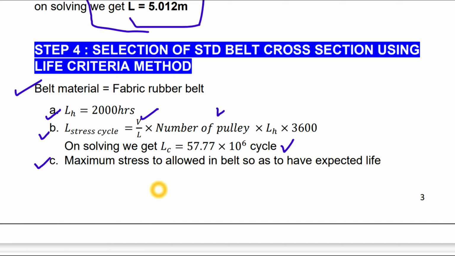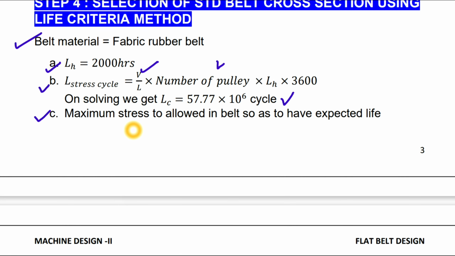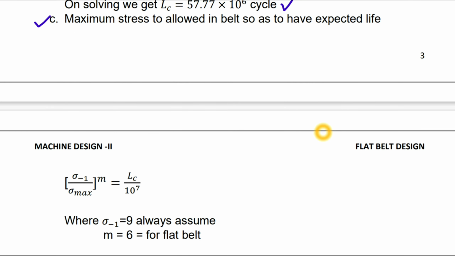Next we come to part C, which is the maximum stress allowed in the belt so as to have the expected life. So now we will find the maximum stress allowed in a belt for an expected life.